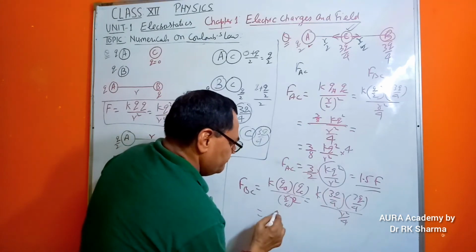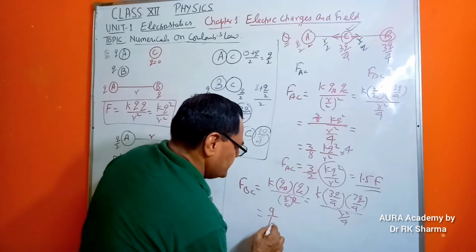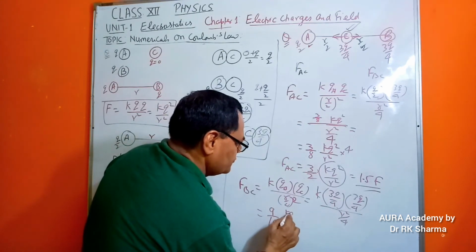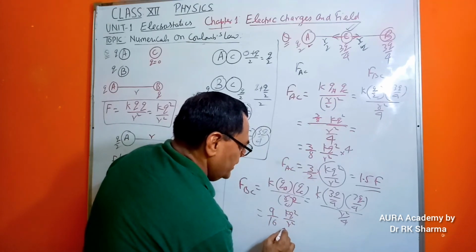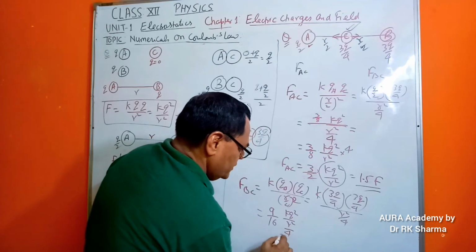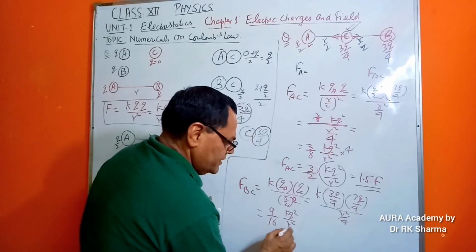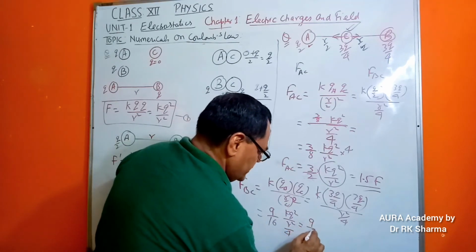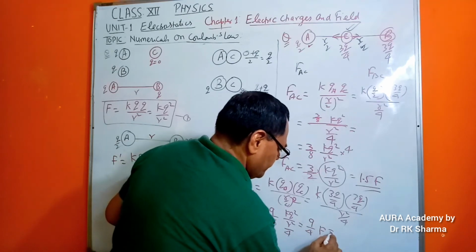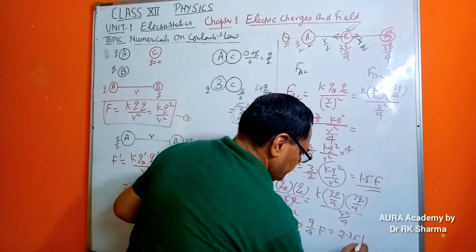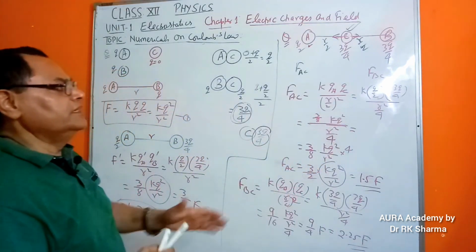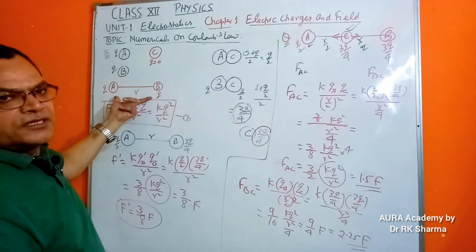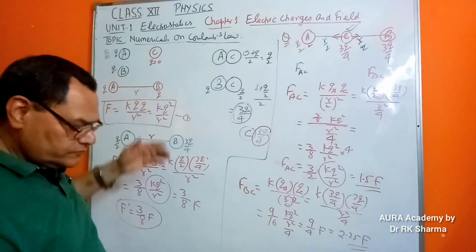So the new will be 9 by 16, and kq square upon r square by 4. So the 4 here itself we can cancel, so this becomes 9 by 4 of original F, that is 2.25 of F. What is F actually? The very original force between A and B.